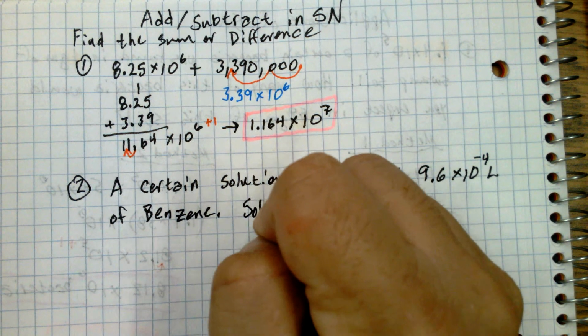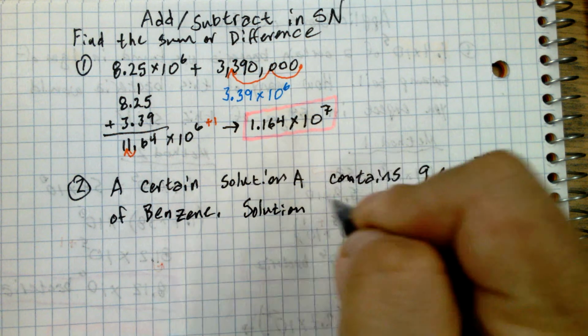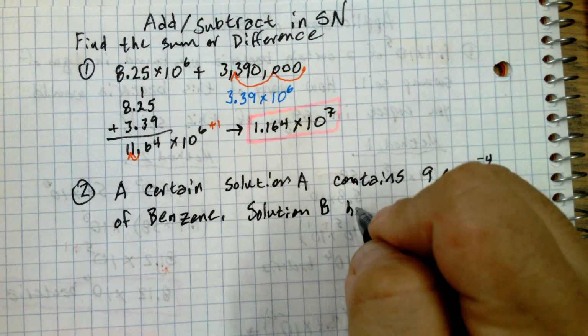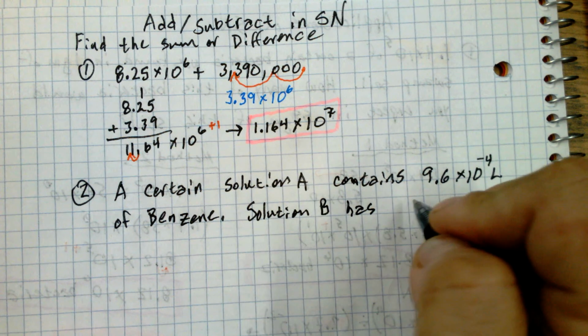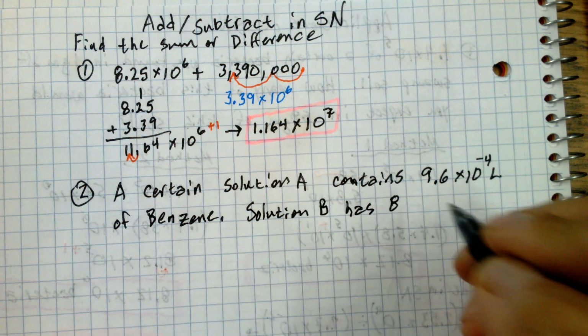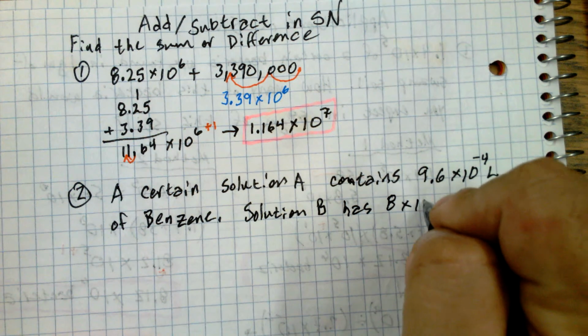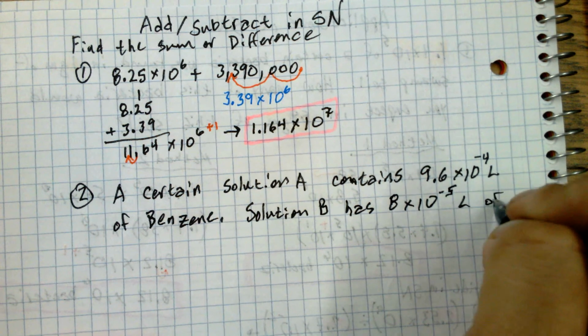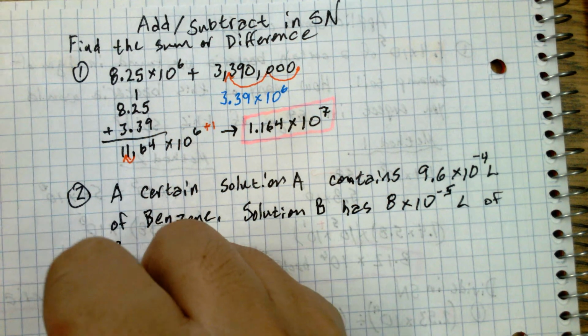Solution B has 8 times 10 to the negative 5 liters of benzene.